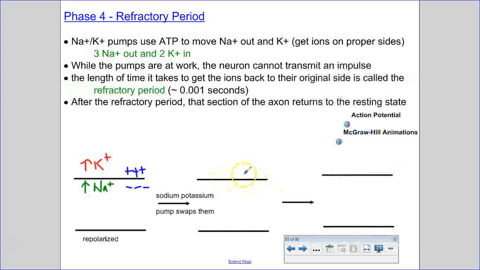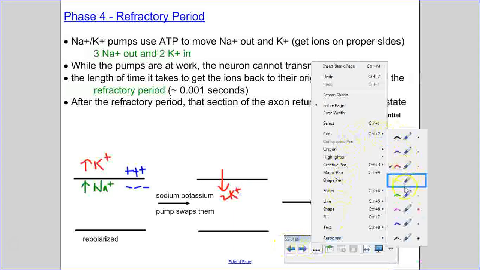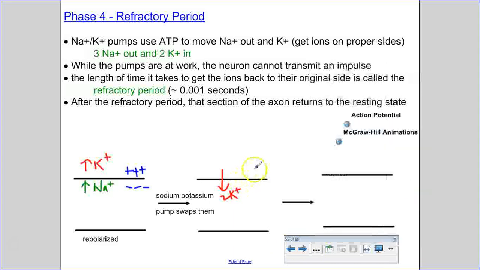So for every 2 potassium in, for every 2 that go in, it doesn't mean it's just taking 2 in, just the number it can take at a time.